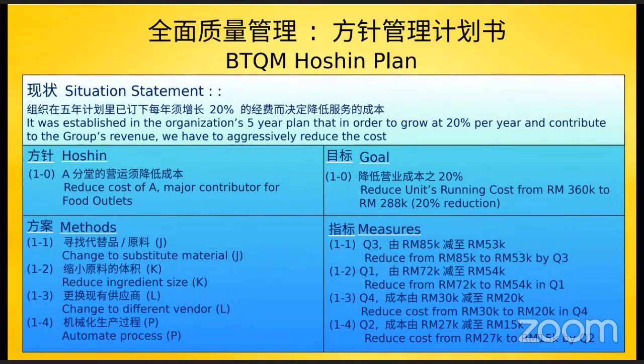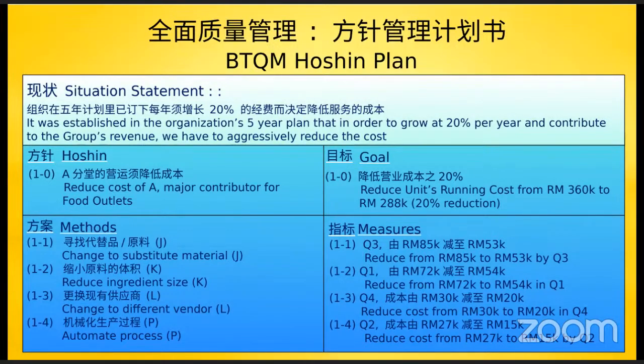Then secondly, to reduce the ingredient size will help to reduce the cost from 72,000 to 54,000. So this is a difference of 18,000.